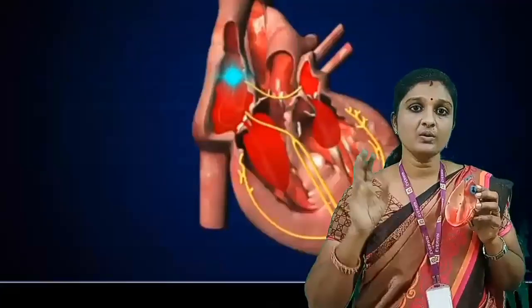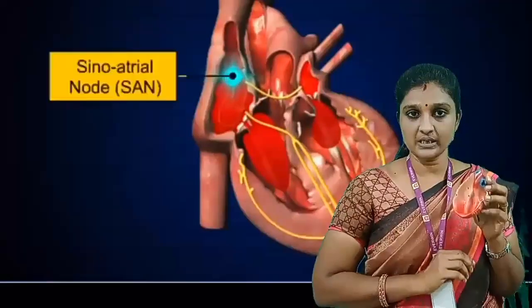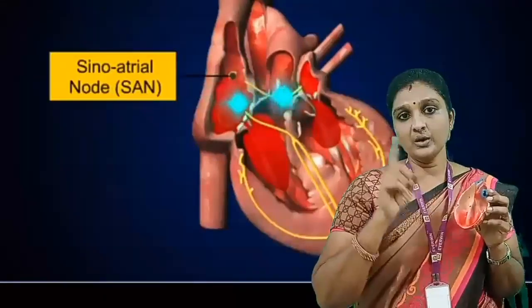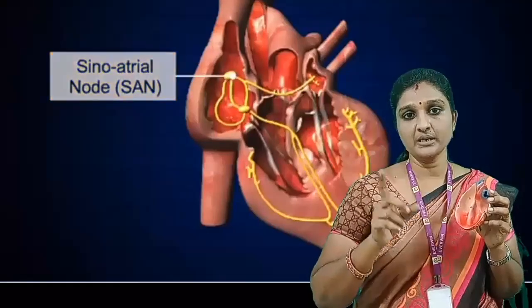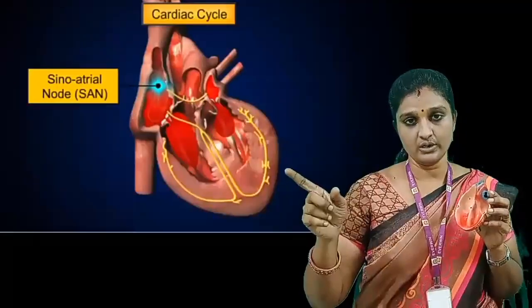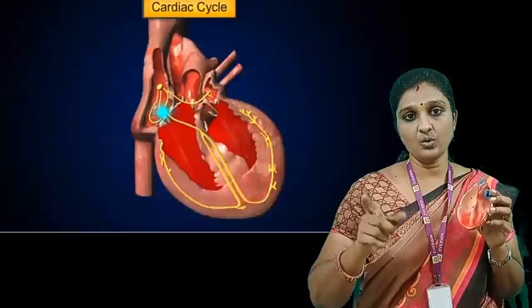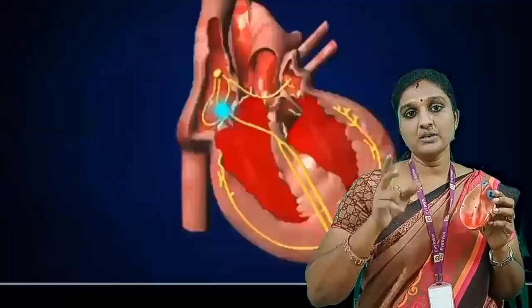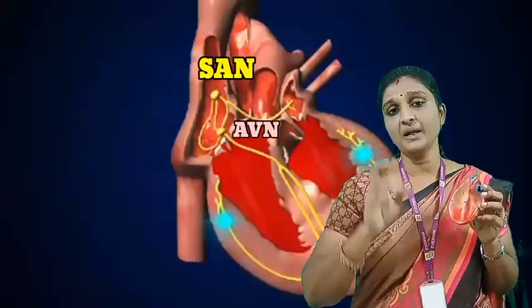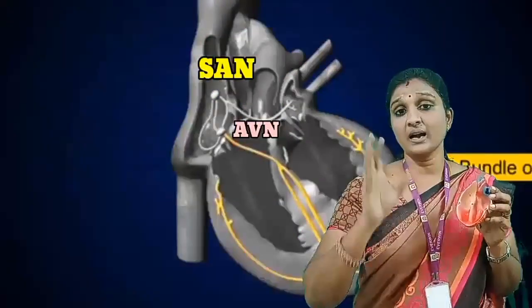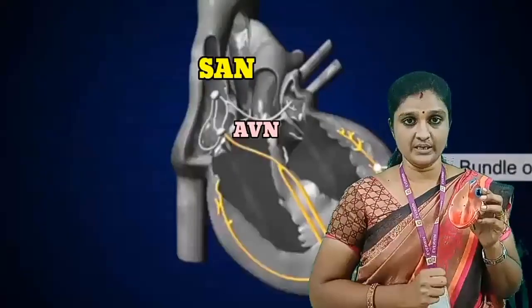The next important concept you learned in the previous section is the SA node and AV node. SA node is the abbreviation for sinoatrial nodal tissue. AV node means atrioventricular nodal tissue. This SAN and AVN play a vital role in the cardiac cycle or heartbeat.